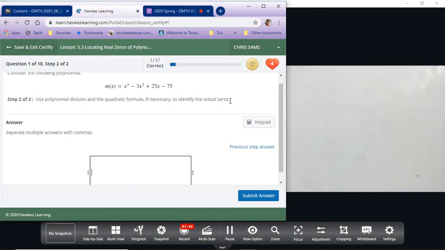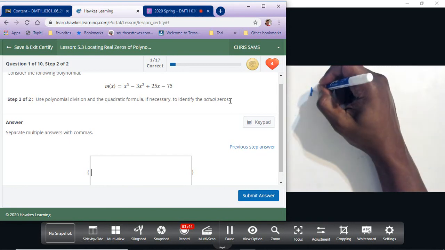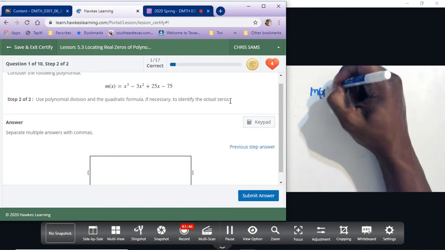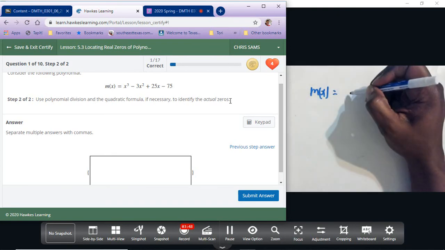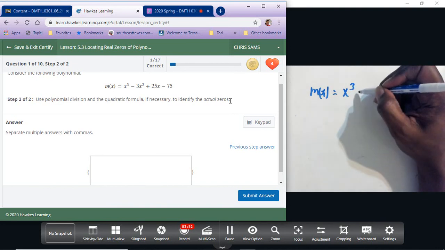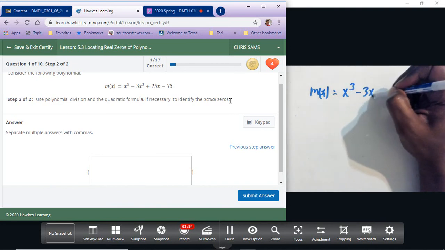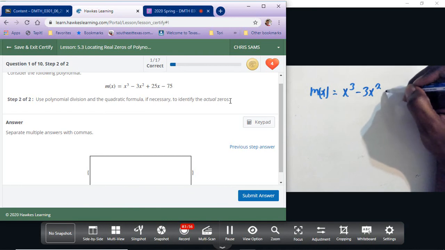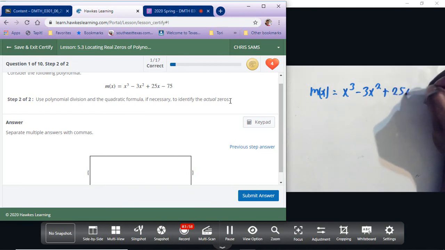That could take some time if you were to try to do synthetic division to figure out which ones work. So x cubed minus 3x squared plus 25x minus 75.